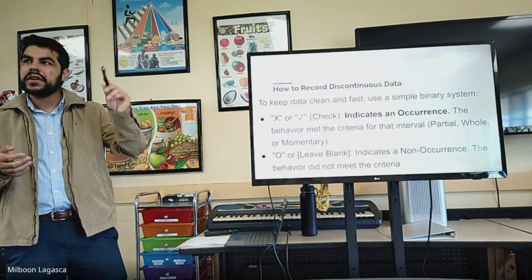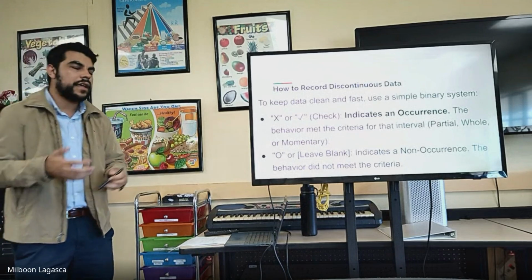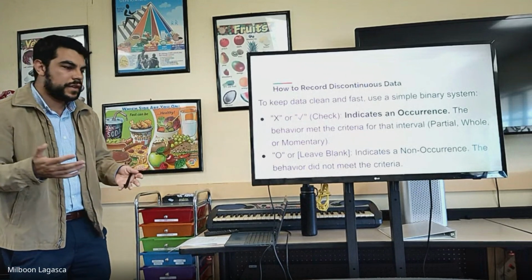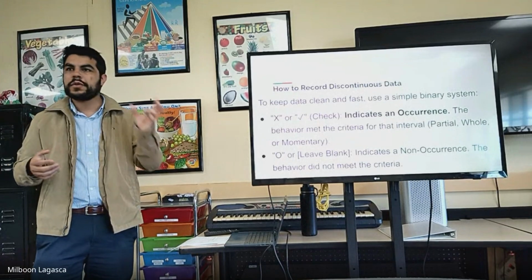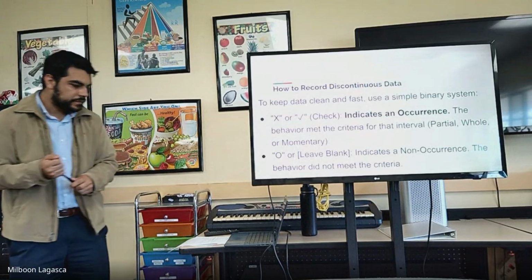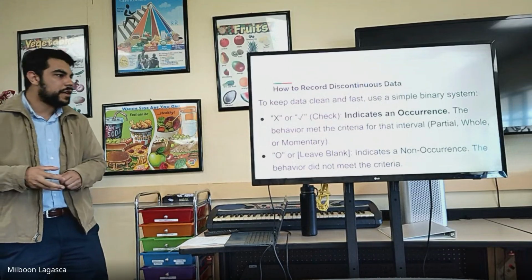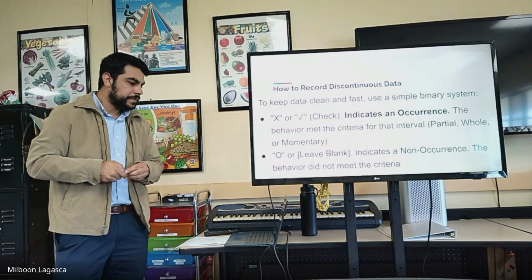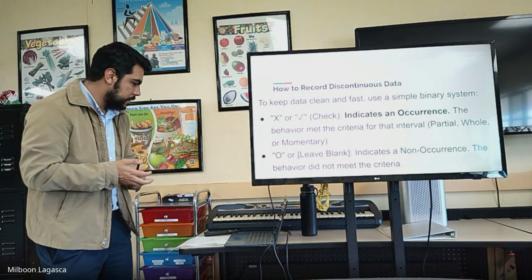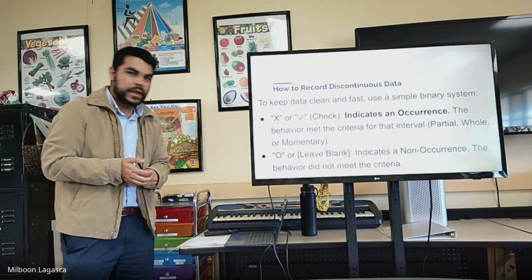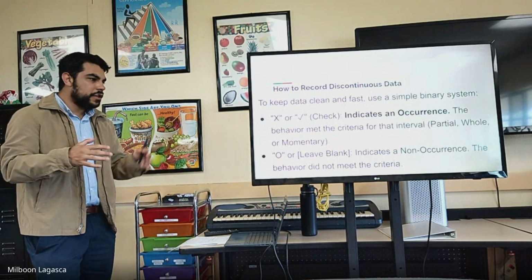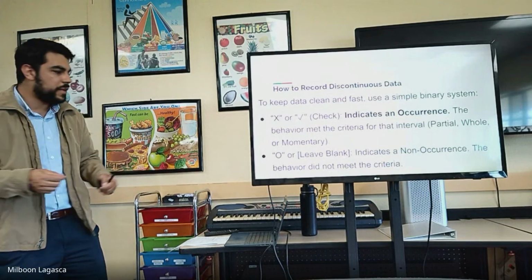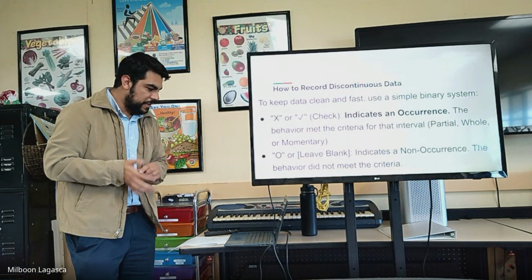So we can either put a check mark or an X, and if there isn't a behavior there, then we will put an O or we will leave it blank. Then I do have a diagram of what that looks like. Just a moment. And this should make a little bit more sense once we're able to put it in practice. Just bear with me for now.